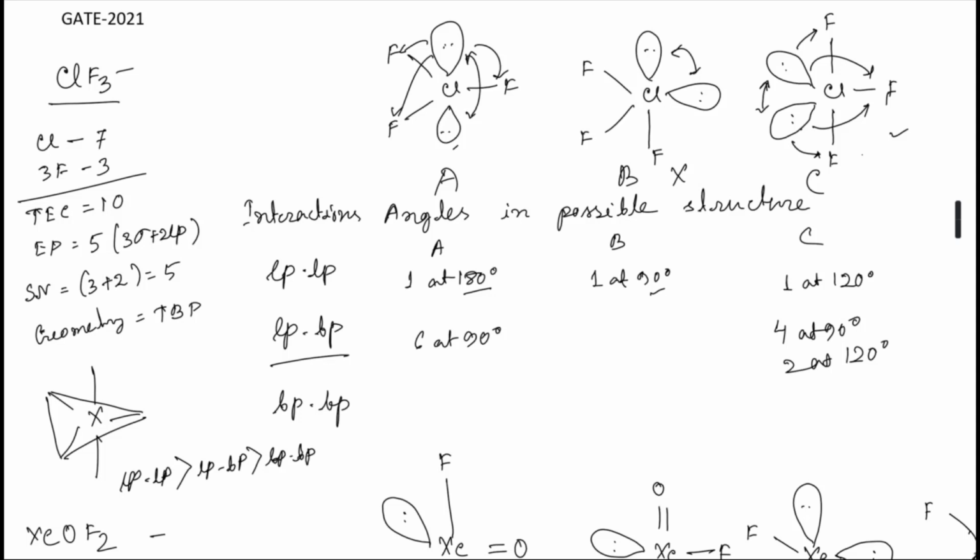As 6 interactions at 90 is quite unstable, the preferred structure is C, where the lone pairs are in equatorial positions. One shortcut is there: when the lone pairs are in equatorial positions, the structure is quite stable, because in equatorial positions they get more space to accommodate.